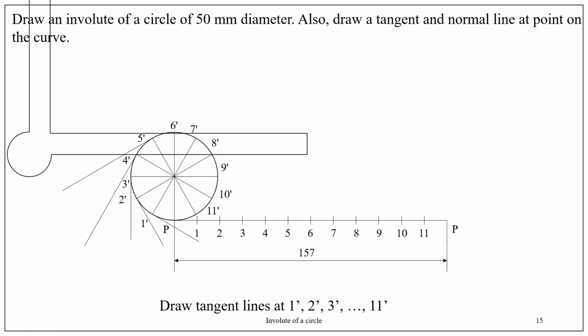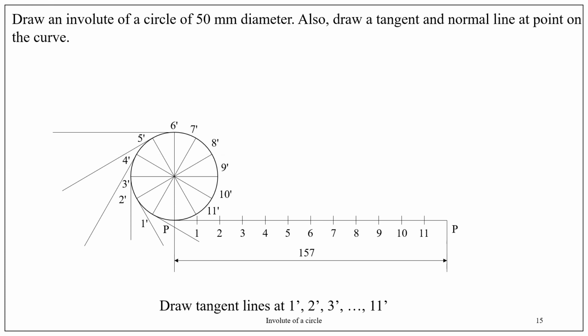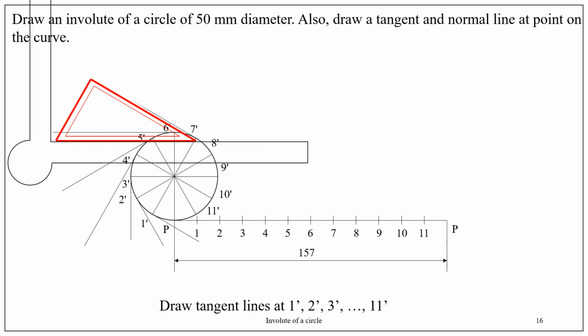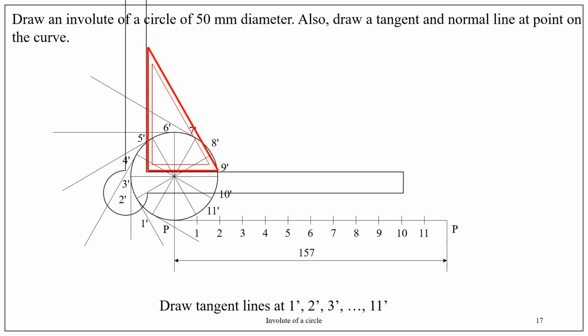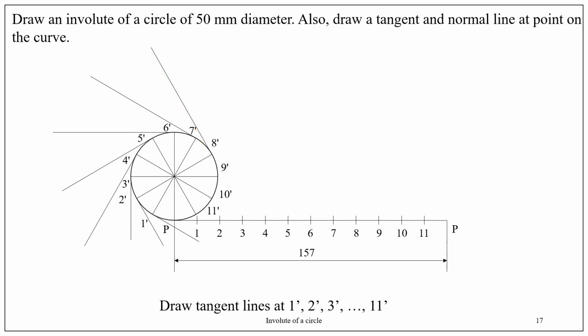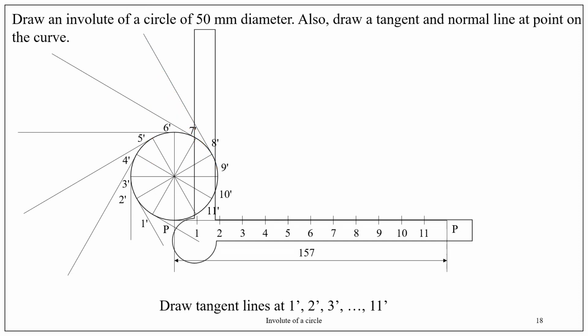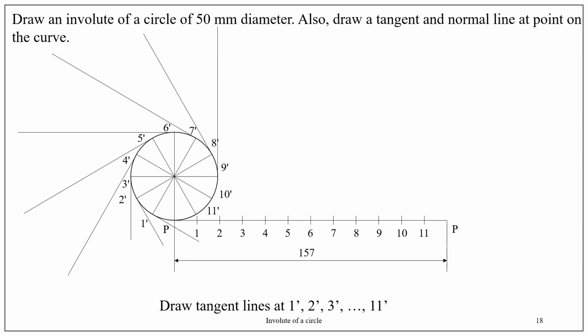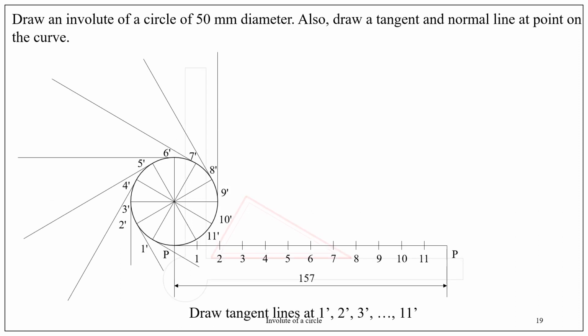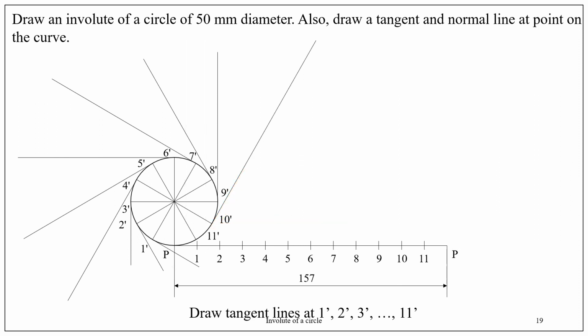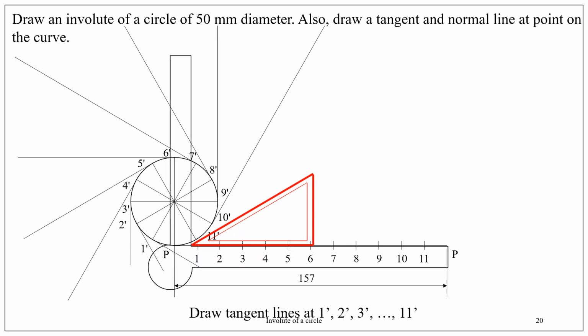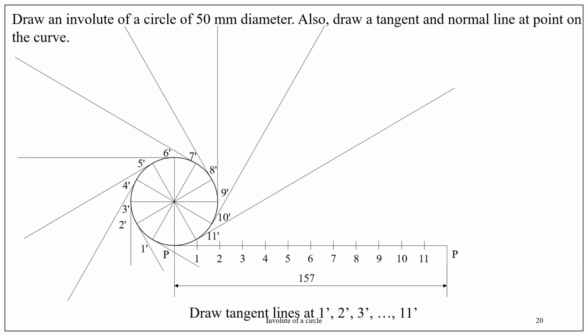And for 6 dash, use the horizontal scale of the drafter. Through 7 dash, draw like this. Through 8 dash, draw like this. Use the vertical scale of the drafter, draw a line through 9 dash. Through 10 dash, draw a tangential line. Through 11 dash, draw a tangential line.